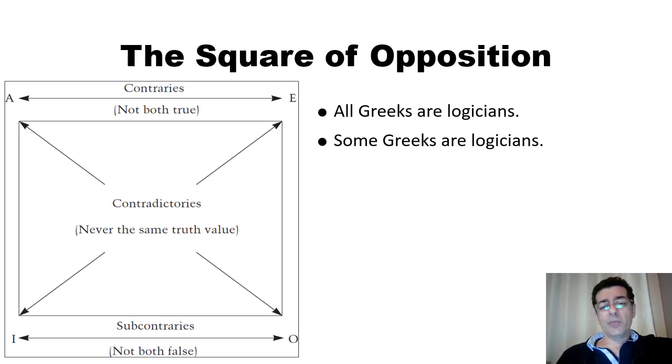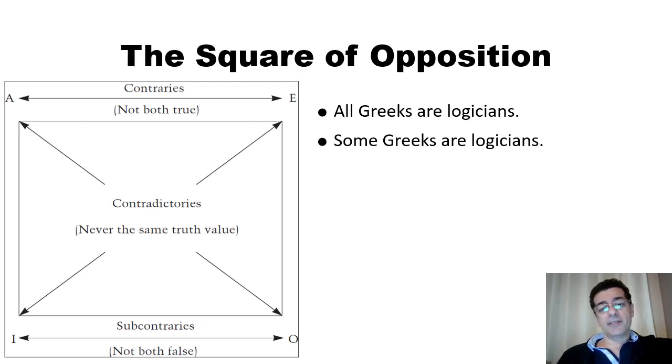Now, how can we show some logical relationships between corresponding claims? The square of opposition helps. As you can see, the top arrow shows the A claim and the E claim are contraries, meaning they are opposites. They can't be both true, but they can be both wrong.